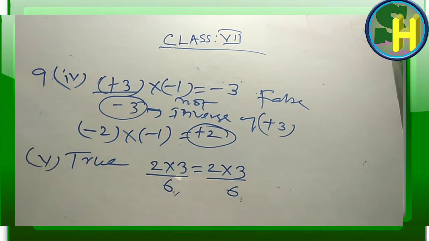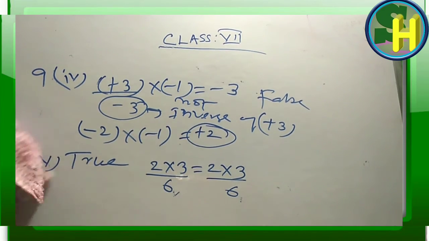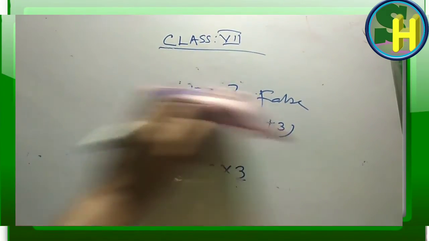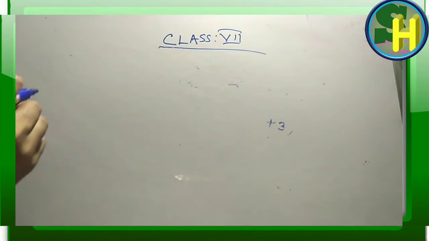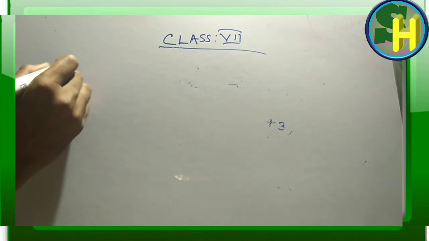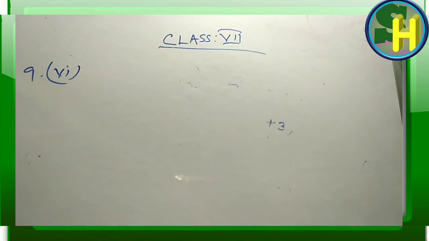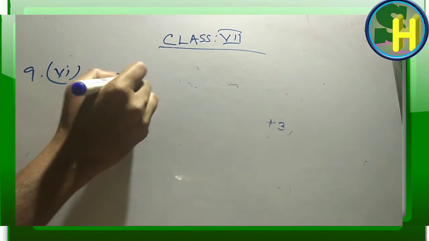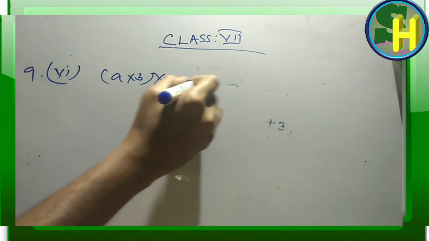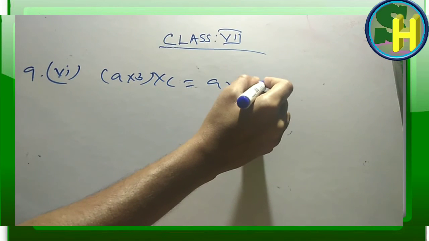Next is multiplication on integers is associative. So this is also a property of multiplication. So 9(vi). Multiplication on integers is associative. And the associative law is followed: a into b into c equal to a into b into c.